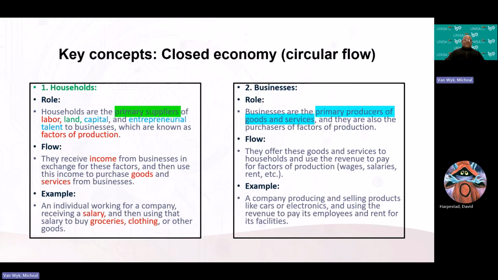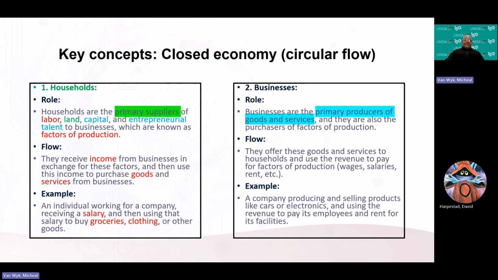You are also the supplier of land, capital, and entrepreneurship talent or skills. These four very important concepts: labor, land, capital, and entrepreneurship, are called factors of production, and I believe you will learn this in grade 11.